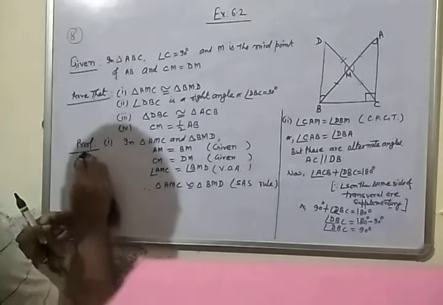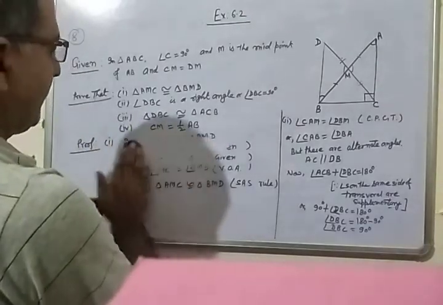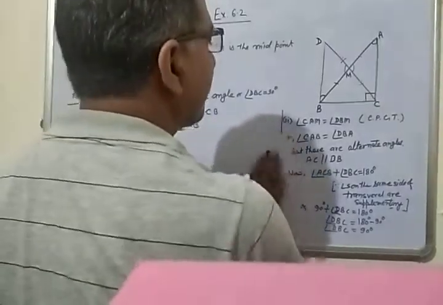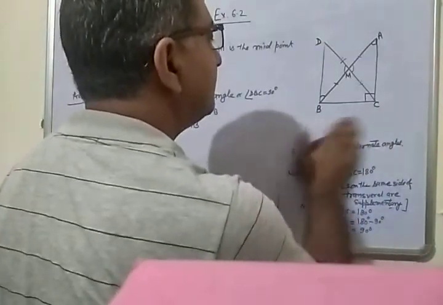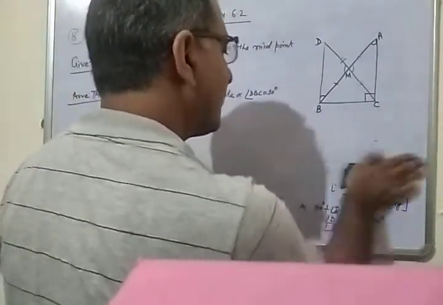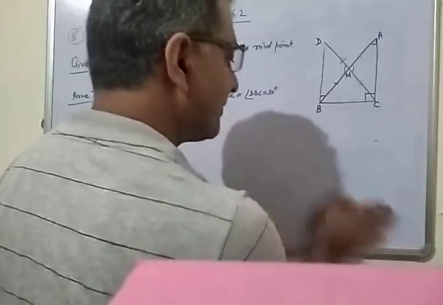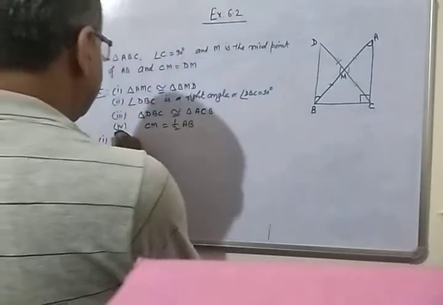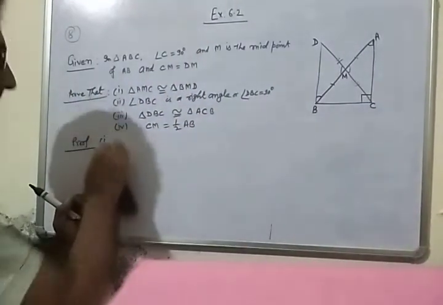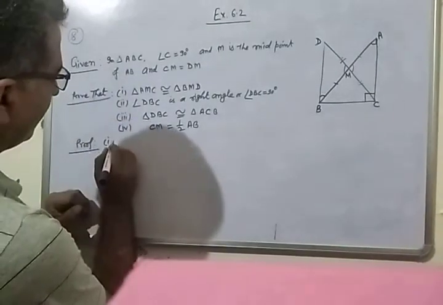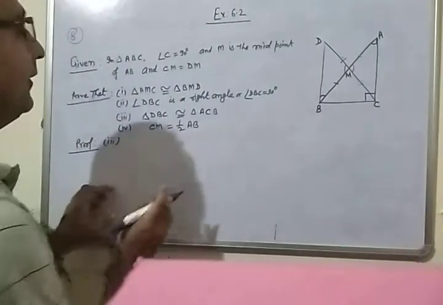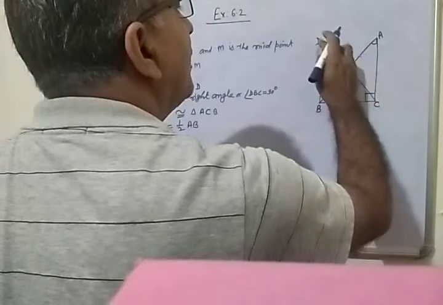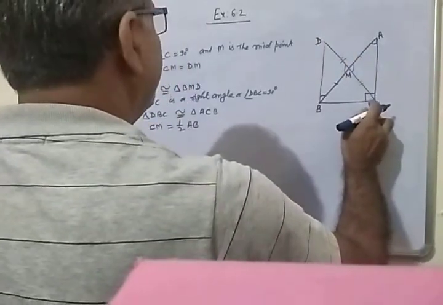See the third part. Now third part, triangle DBC and ACB.